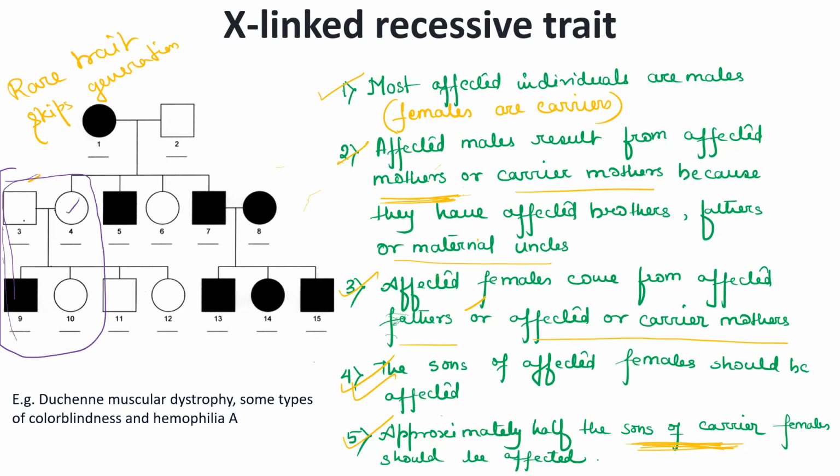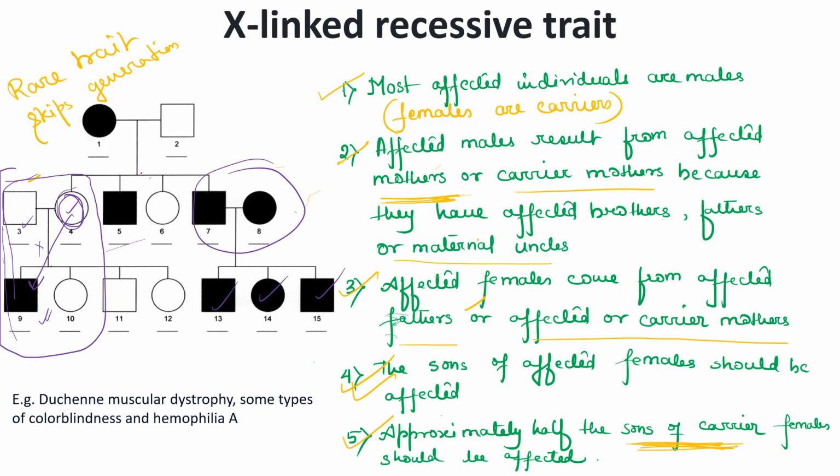If here you see both are unaffected, definitely here the mother is a carrier. Otherwise, how did she pass the eggs to this son? The son got affected here. That means this female was definitely a carrier. Here you see both the parents are affected, all children affected. No chance of escaping.